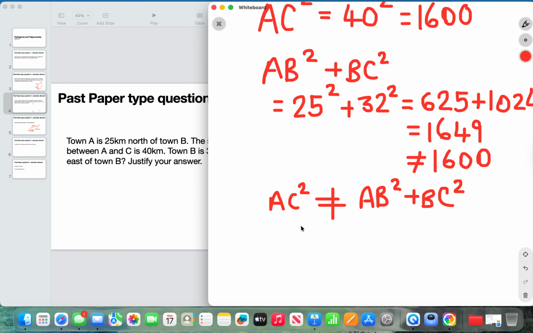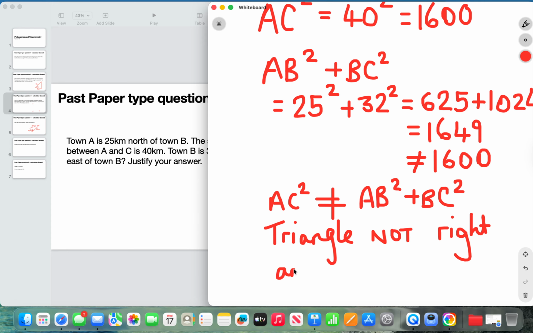So we say that the triangle is not right angled, because Pythagoras' theorem is not satisfied.